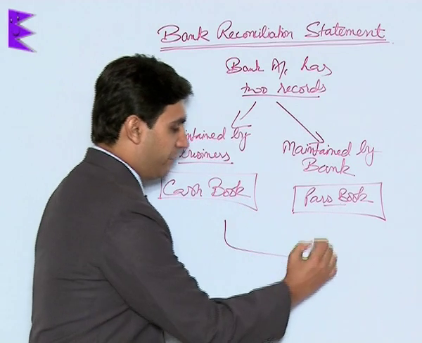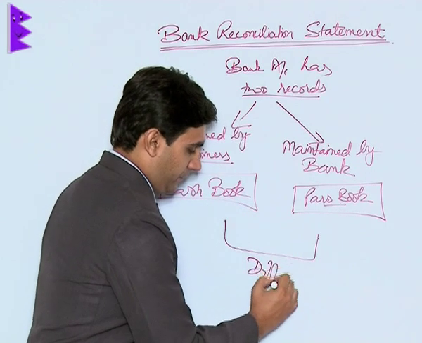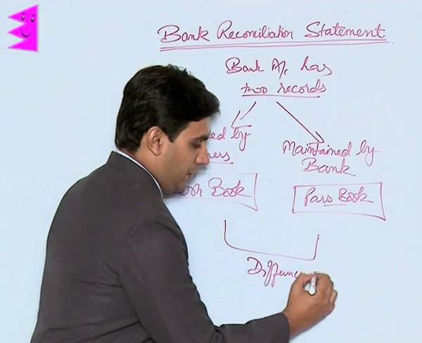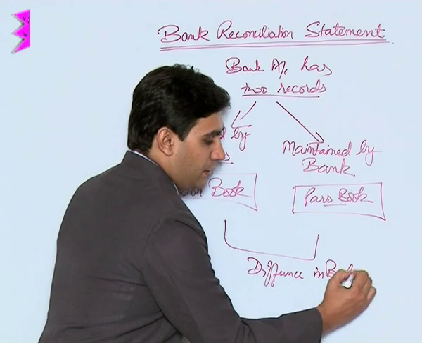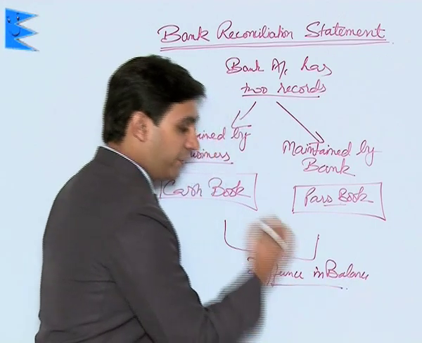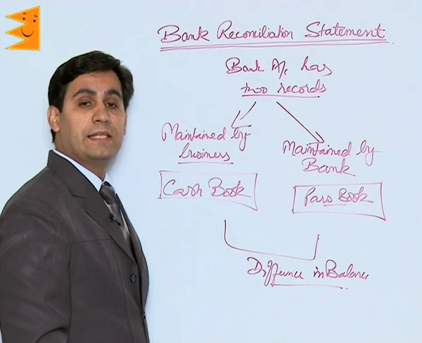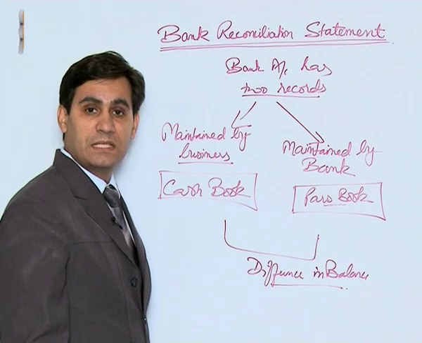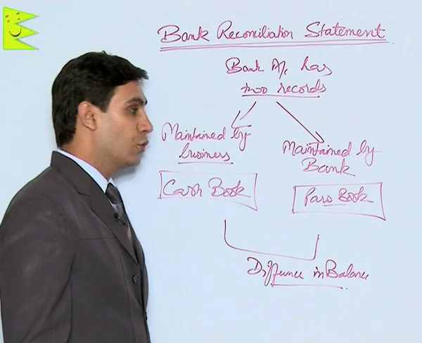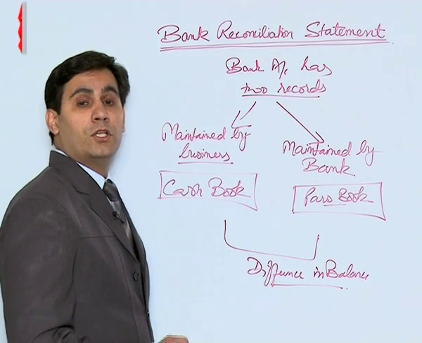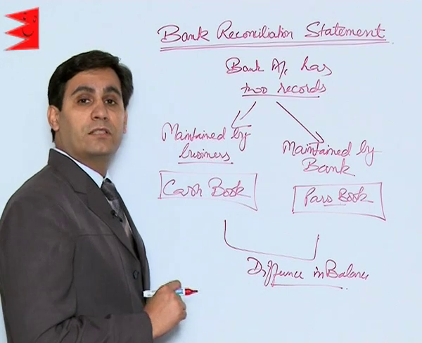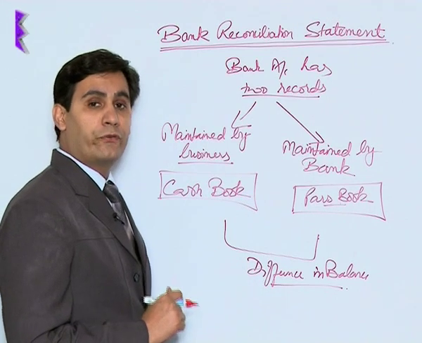Since there might be a difference in their balance, this difference can actually make a businessman feel that something is wrong, something is missing in his accounts. So there is a need to reconcile to make sure that there is no error or no fraud.